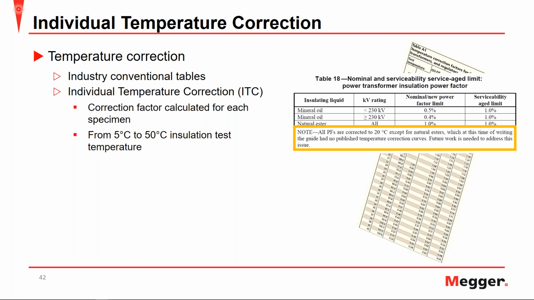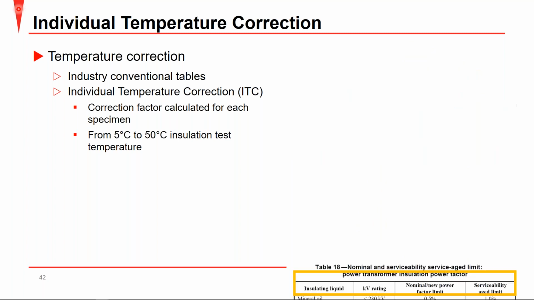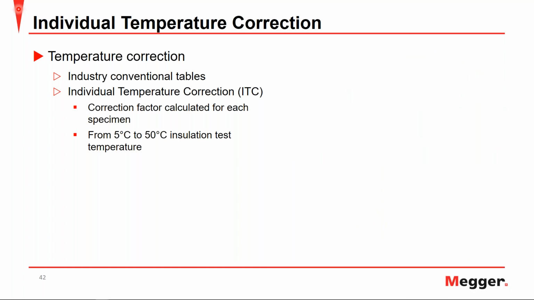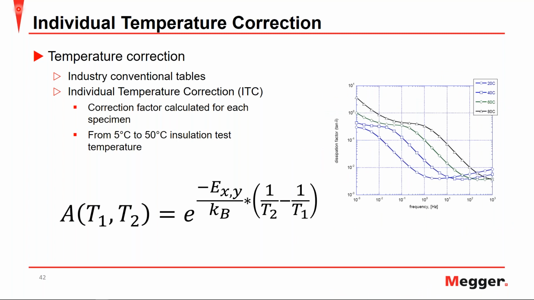So what we did, using the narrowband dielectric frequency response, was come up with individual temperature correction using the Arrhenius equation. Essentially, we have a frequency plot with frequency and dissipation factor, and we can see that the temperature, where we have 20, 40, 60, and 80 degrees C, causes a shift in the frequency on the spectrum.